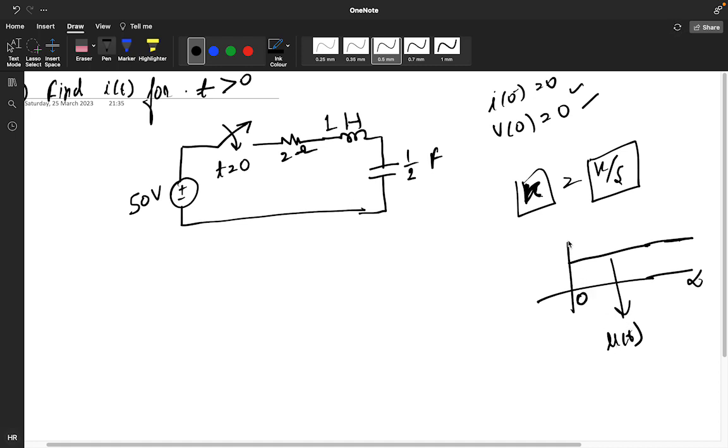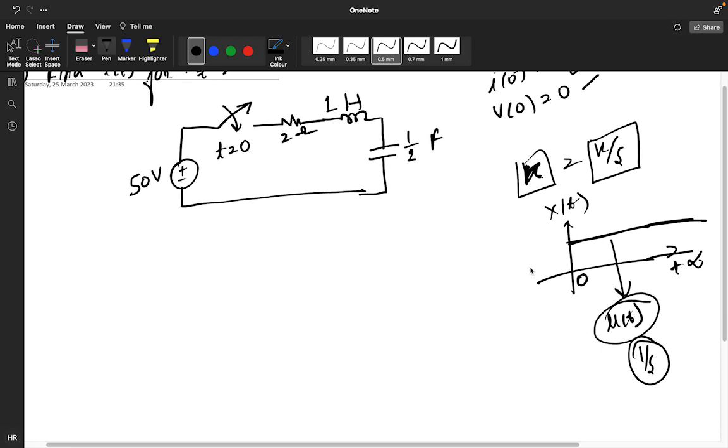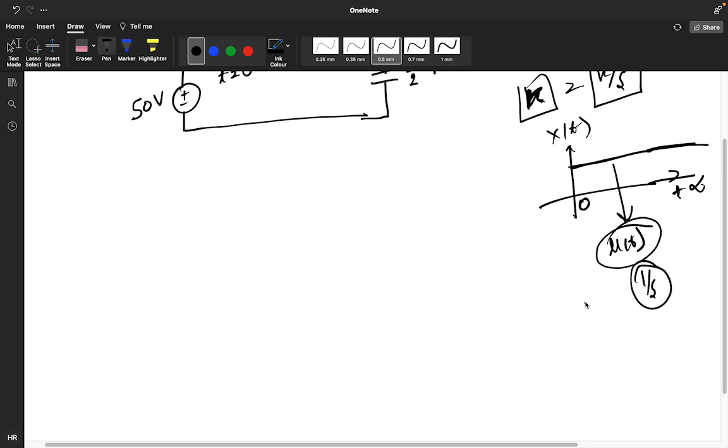We'll discuss these things in signals and systems very clearly. So x of t is here, and it's starting from 0 and going up to infinite. So this is your unit step function, and the Laplace transform of the unit step function is 1 by s. For now just remember this one. Step function means it will start from 0 and go up to infinite, u of t.